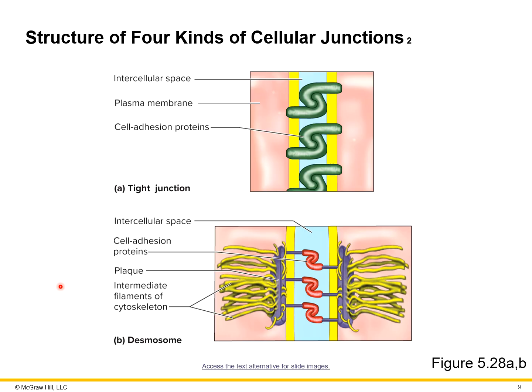Here we have those tight junctions zoomed in, and so you can see the intercellular space a little bit better. You can see the cell adhesion proteins that are sticking into the plasma membrane, and the desmosomes that are being created from the intermediate filaments of the cytoskeleton and connected by those cell adhesion proteins.